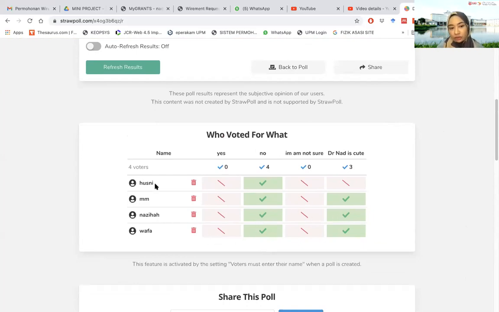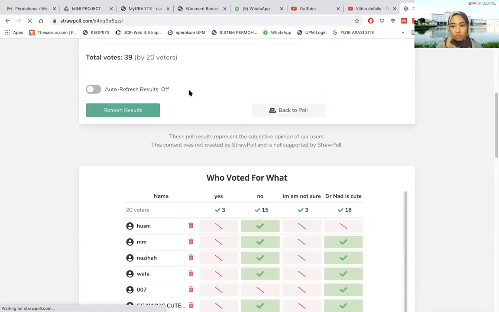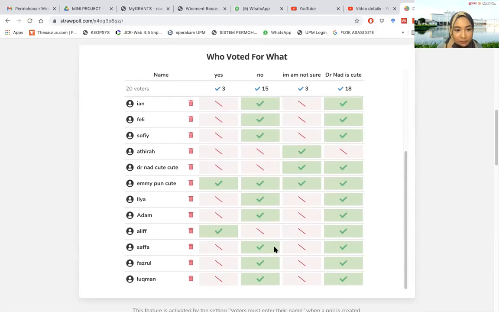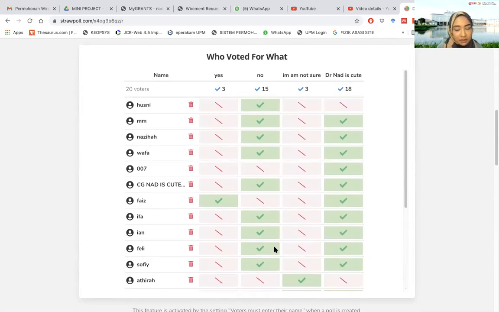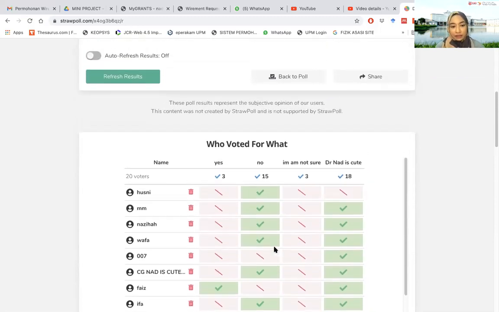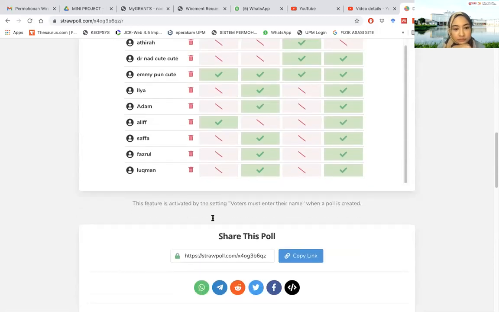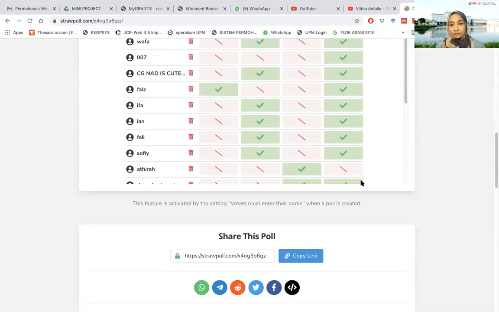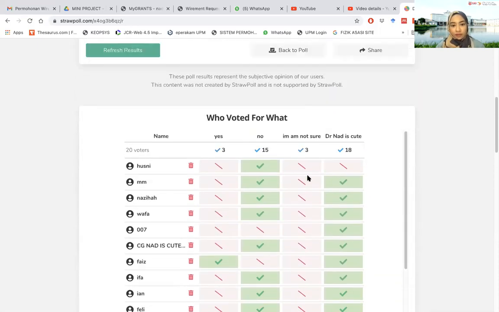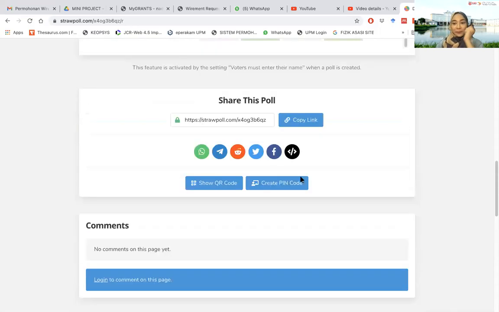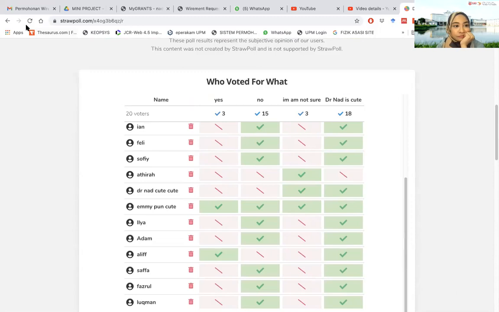Wafa pun vote 2. Siapa MM MM 007. Boy. MM siapa? Husni je yang tak vote saya cute, sampai hati. Cik tak adalah. Tak kisah pun. Let's see.